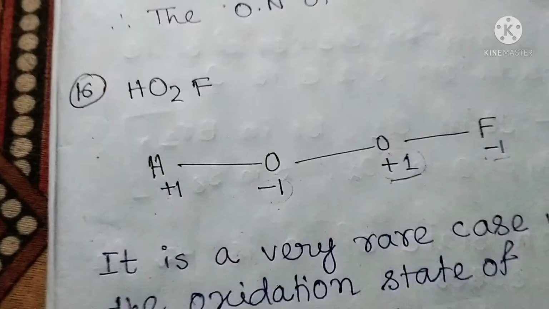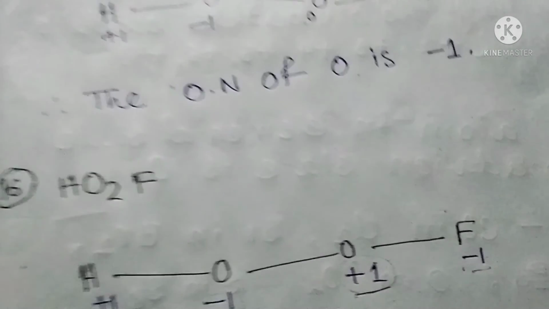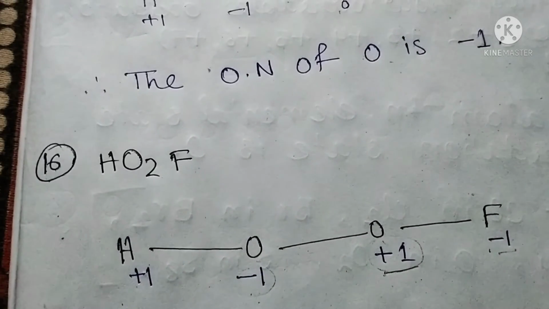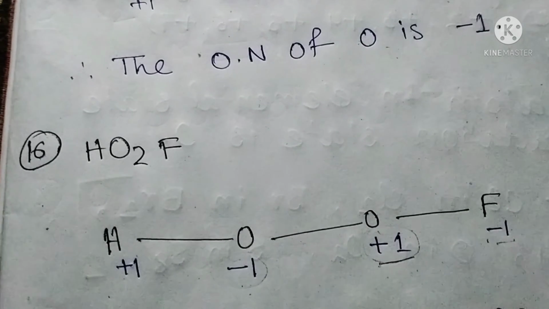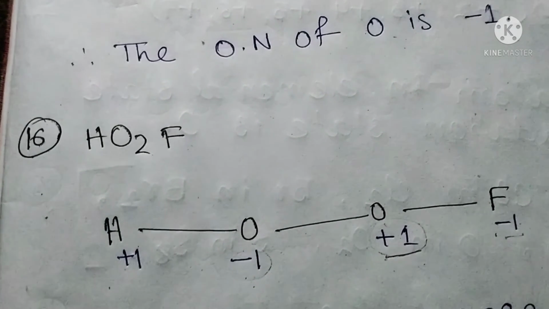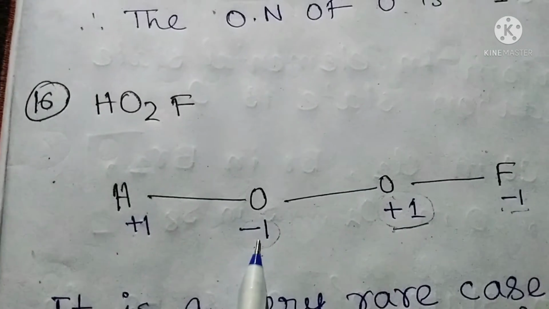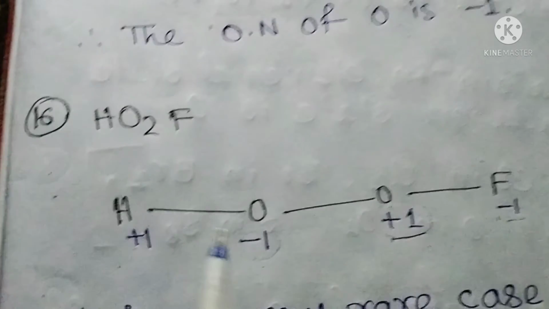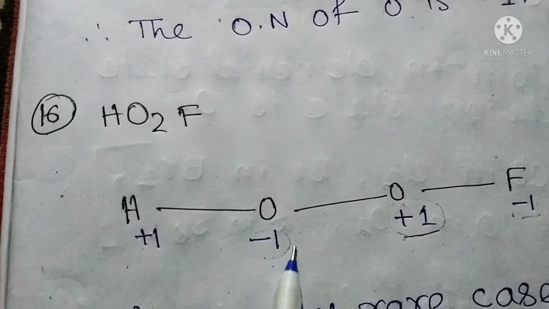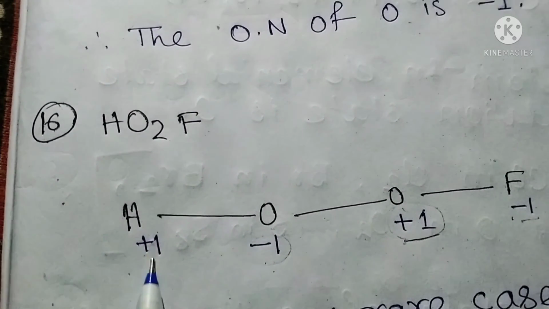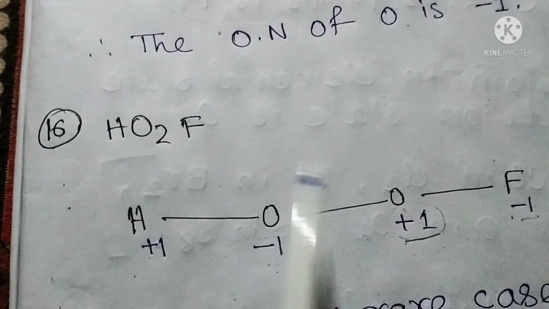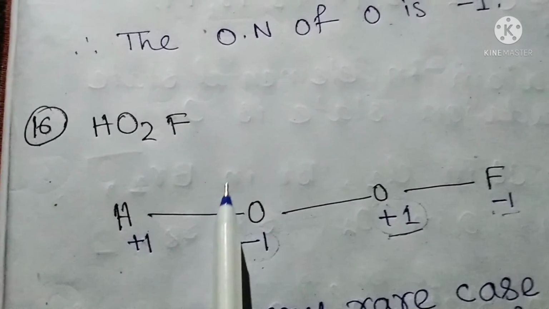Next we take the example of HO2F. Now let's draw the structure: hydrogen, single bond O, single bond O, single bond F. Now between these two, oxygen and hydrogen, oxygen is more electronegative than hydrogen. So we get here a -1 charge and here we get +1 charge. Between these two oxygen, here we get 0 and 0.